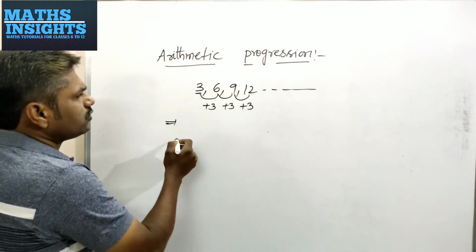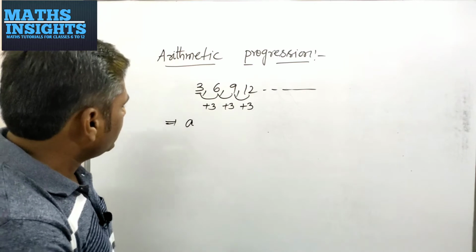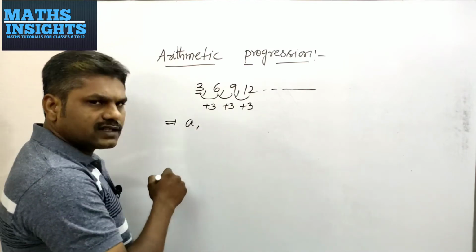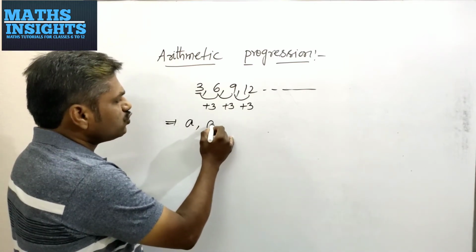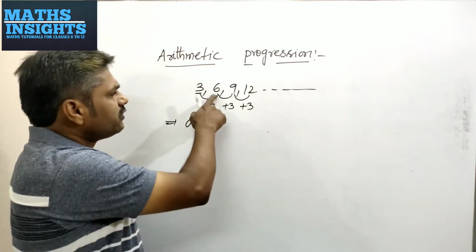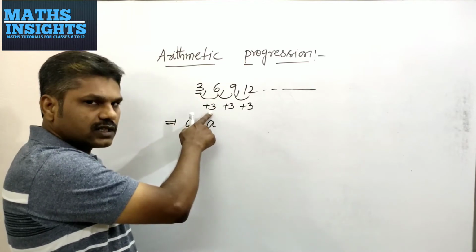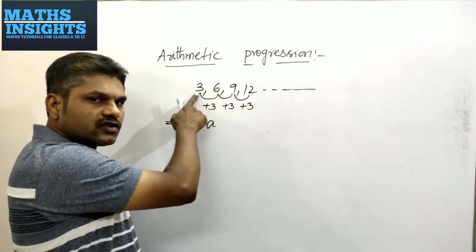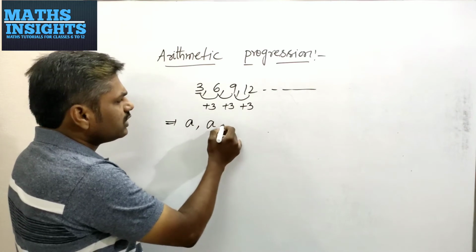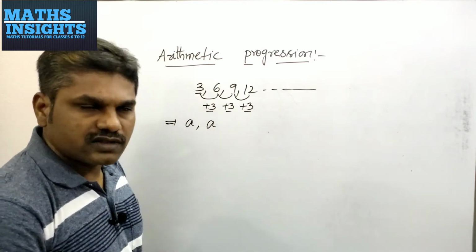Here you know the first term is a. Okay, if you want to get the second term, you have to add something to its previous term. If I want to get 6, I have to add plus 3 to its previous term 3. So you know this fixed addition is called the common difference.